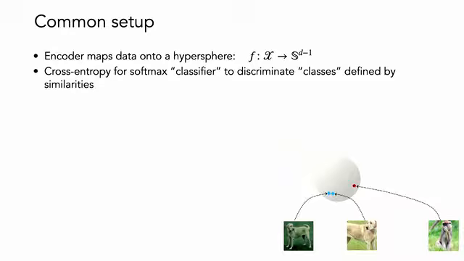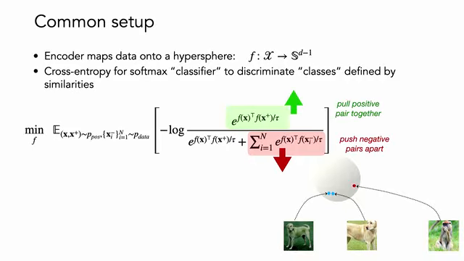So if we know that these two images at the bottom are the same class and this one is different, then we're going to try to explicitly pull positive pairs together and push negative pairs apart. So essentially, this is something like a cross entropy loss, right? We have an activation of a logarithm of something, and it looks close to a softmax.